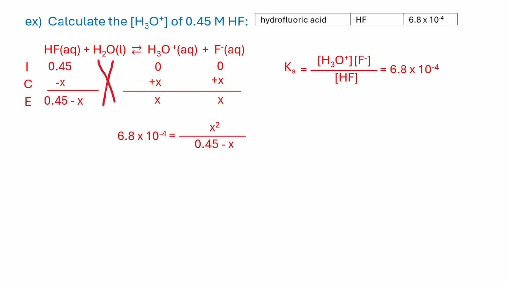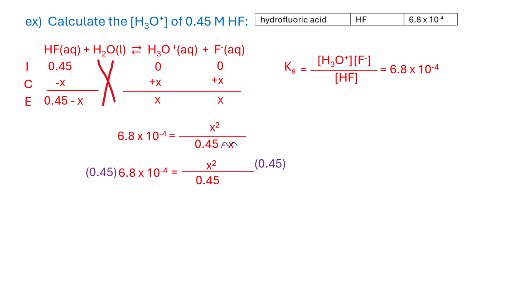It's not going to be a big enough number to matter, which is going to make it a whole lot easier for me to solve for x because I don't have to worry about quadratics or anything else. I can just say subtracting whatever small number x ends up being from the relatively large number 0.45 is not going to matter.